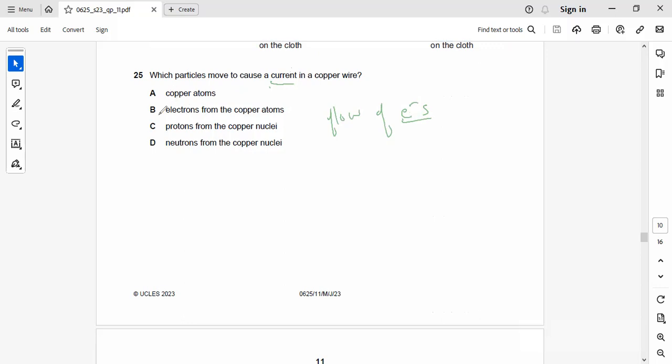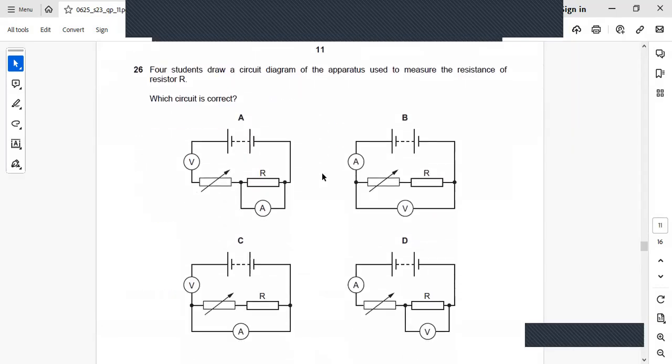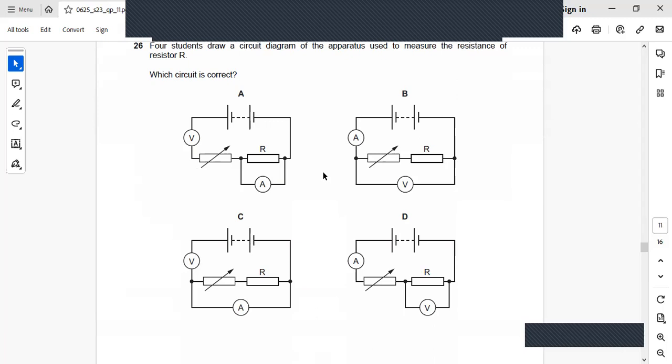So the right answer will be B. The electrons from the copper atoms are responsible for the current in the copper wire. We'll move to next question.